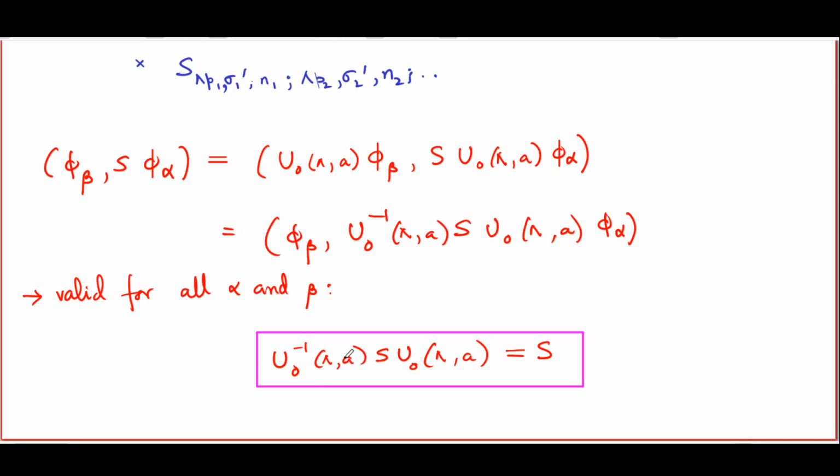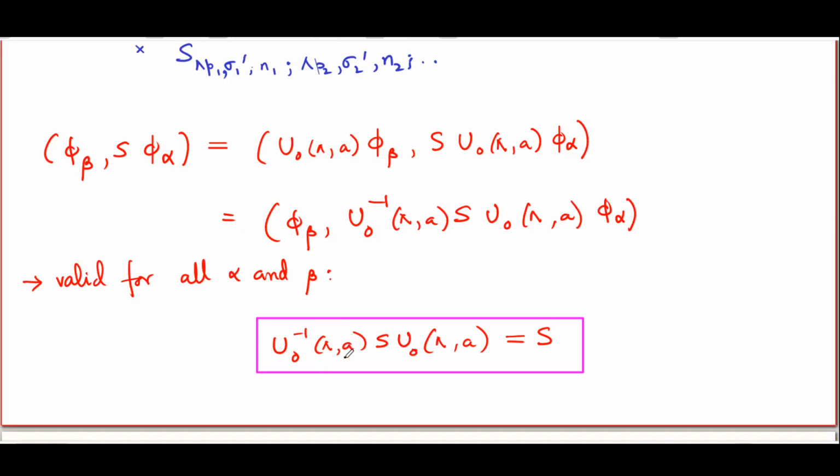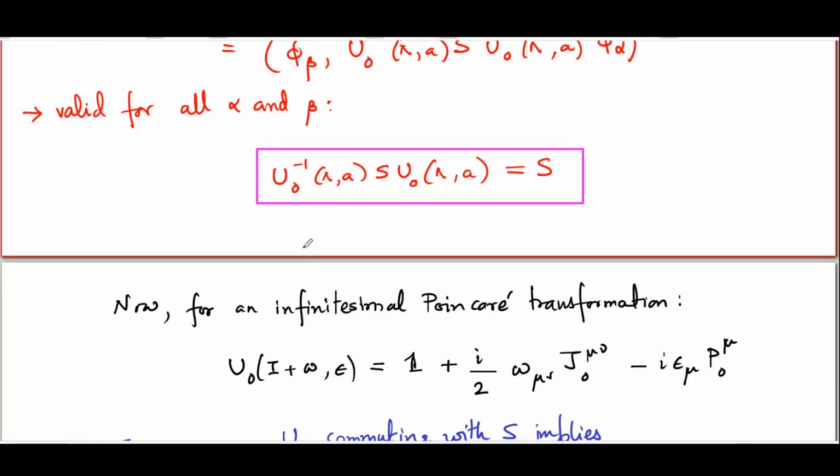a tiny infinitesimal translation. In other words, we are going to consider a U0 with parameters identity plus omega and an epsilon for the translation. Epsilon is infinitesimally small. The elements of omega, which of course obey omega mu nu equals minus omega nu mu, as we have already seen before, must also be infinitesimal quantities.